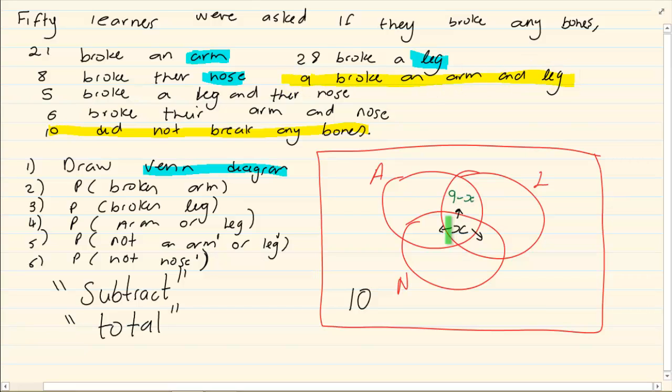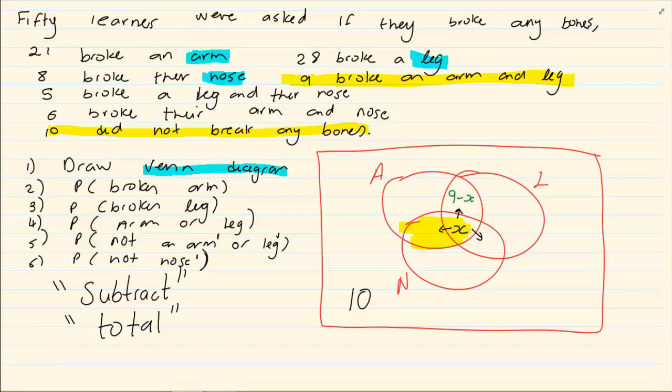Let's look at this one. We need this area. Because remember I told you you work outwardly, right? So we need an arm and a nose. And here they tell us that 6 broke their arm and nose. Now again, you know the entire area is 6.